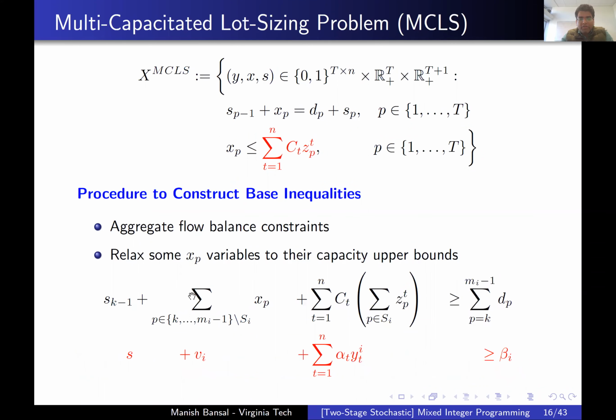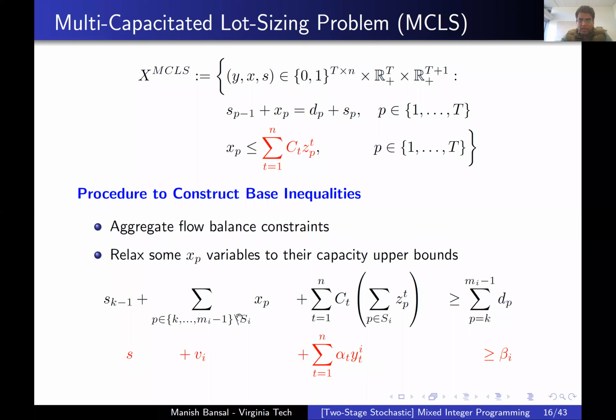So I can select from k to m_1 time period, k to m_2 time period, k to m_3 time period. So I'm doing this multi-constraint aggregation, which leaves me multiple constraints in the aggregated form. And this has the form where I have this continuous variable s, which will be common among all those constraints, and then there is this v_i, and I have this summation of alpha_t y_it, which means I have these n integer variables up here.